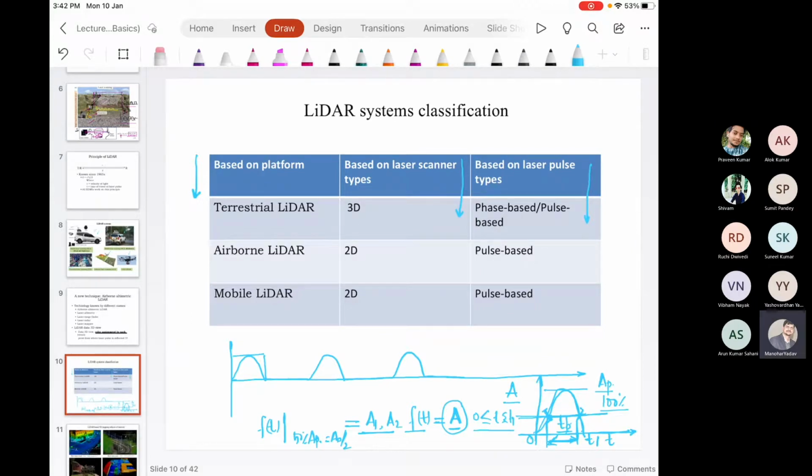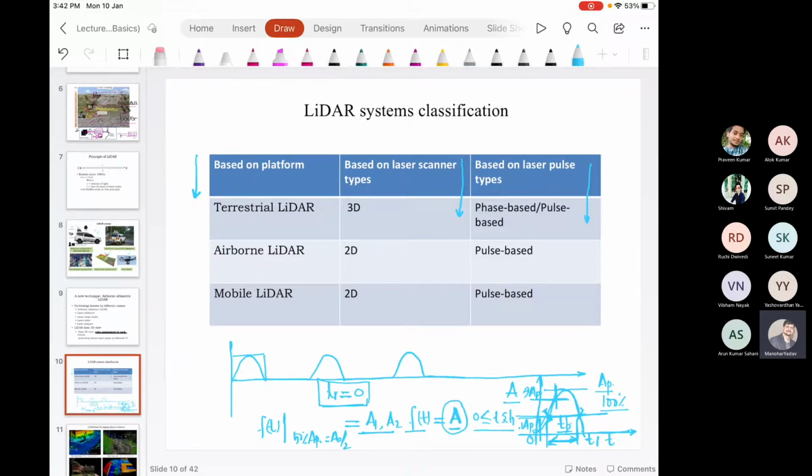Okay, and 10% to 90%. Sorry, this is 90%, so you can say 0.9 AP, and this is 0.1 AP. This is called the rise time. We can't say this rise time TR is equal to 0. It is not possible using any electronic circuit, so we have a specific rise time.